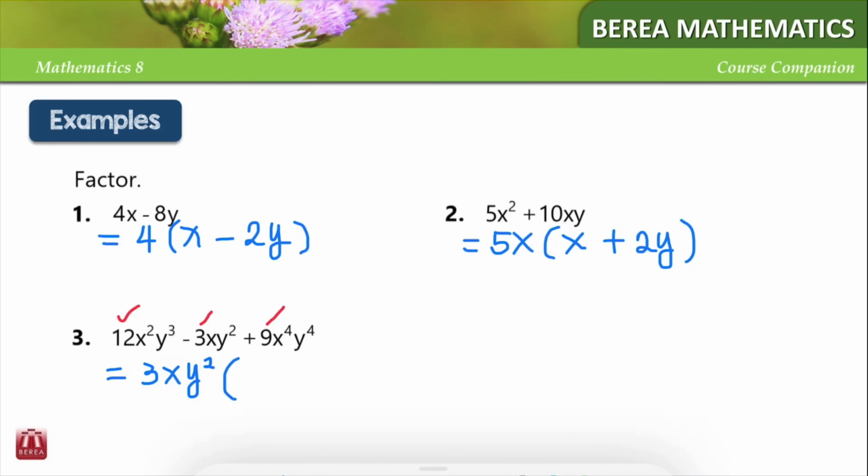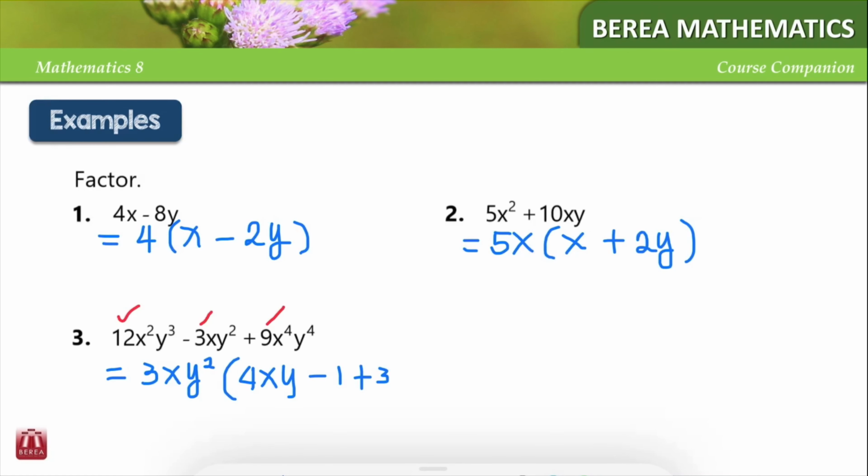12x squared y cubed divided by 3xy squared. So 12 divided by 3 is 4. x squared divided by x is x. y cubed divided by y squared is y. Minus 3xy squared divided by 3xy squared is 1. Plus 9x raised to 4 y raised to 4 divided by 3xy raised to 2. 9 divided by 3 is 3.